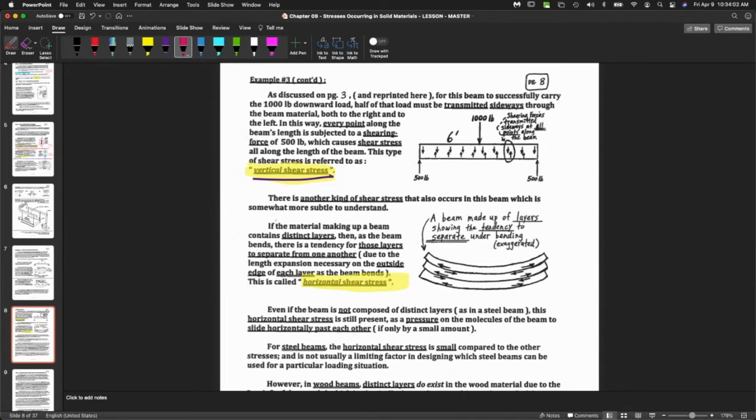In terms of materials, some materials are more susceptible to vertical shear stress, whereas other materials are more susceptible to horizontal shear stress. So literally the word horizontal just means that this rubbing, this sliding, is sideways.